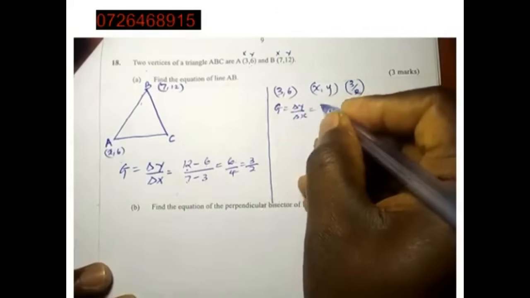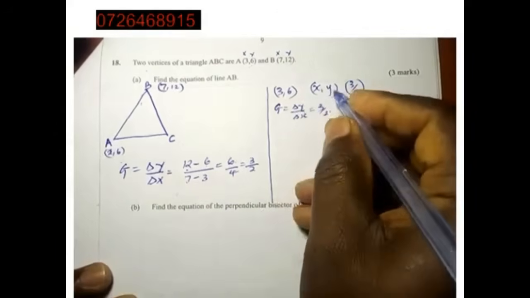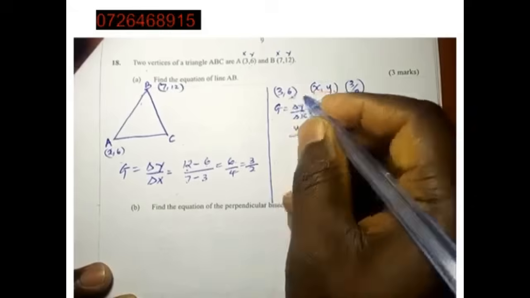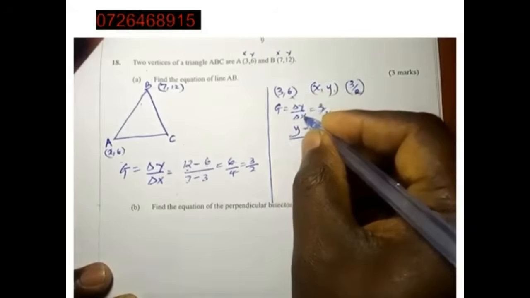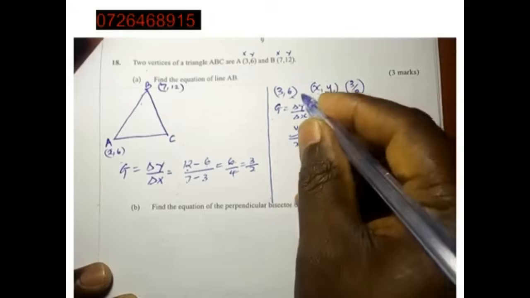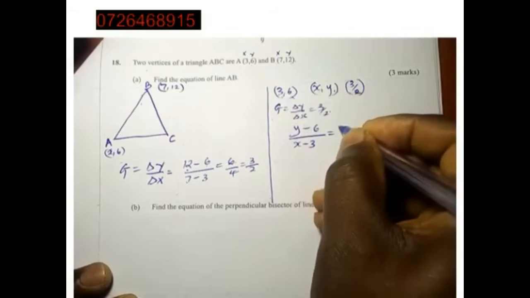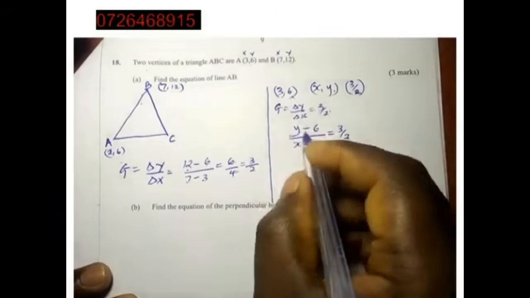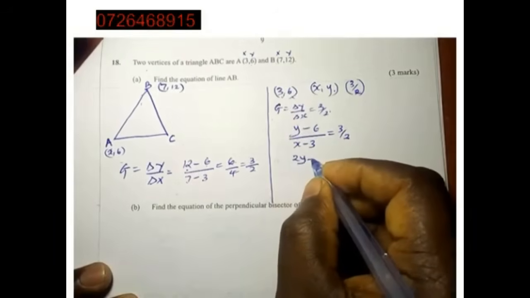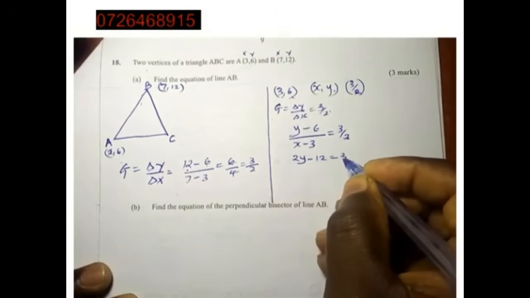But the gradient tumepata ni 3/2. So tunasema change in y ni y minus 6 divided by x minus 3, and the answer is 3/2. Tuna cross multiply, itakuwa 2y minus 12 is equal to 3x.